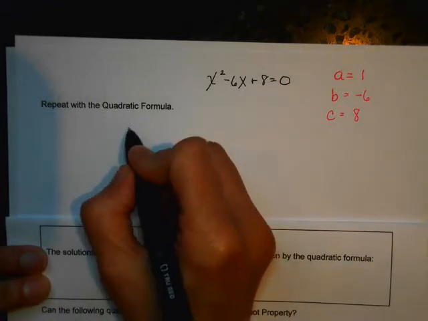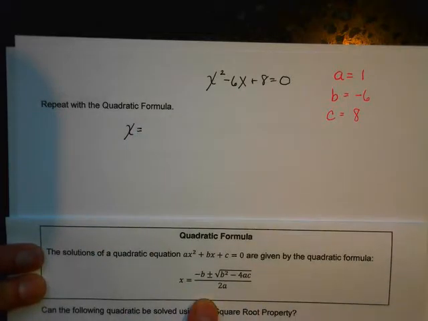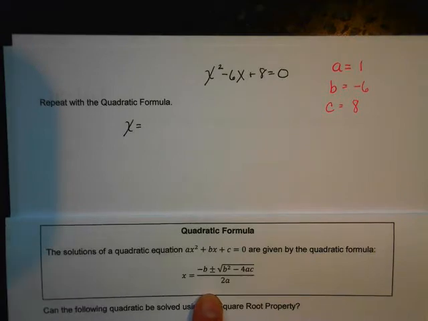You do not have to memorize this, right? I will give it to you on a test and on the final, but you do need to be able to apply the variables and put it through your calculator.